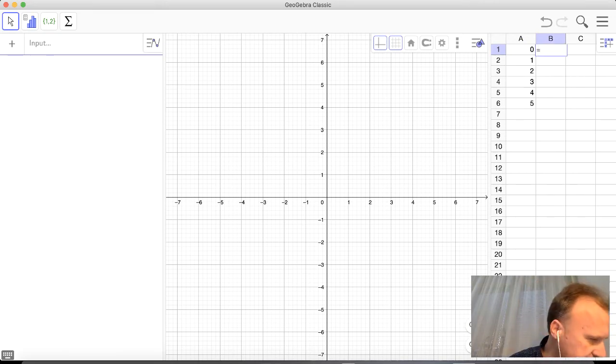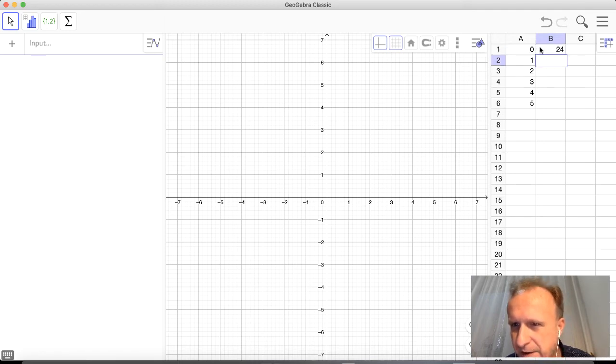Now here I should have the formula. So the formula is 24 times, and then there was this 0.25 as a base, which is raised to the power of the time, which is a1 in this case, like that, and we can copy it down to obtain the answers. So these are the answers that we obtained in part A. So 24, 6, 1.5, 0.38, actually it was 0.375, but this is rounded off, sorry.